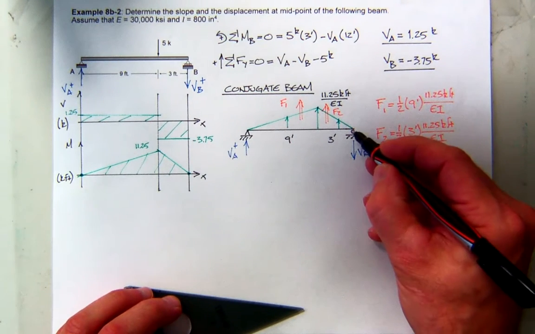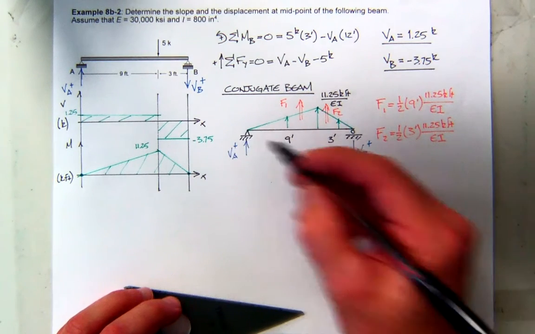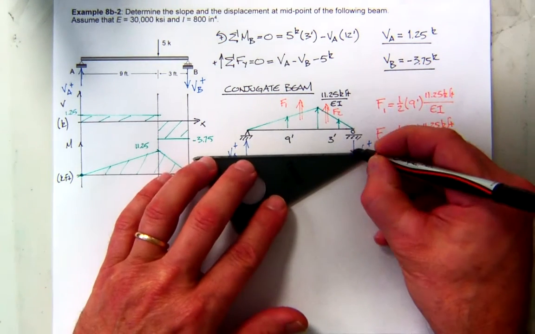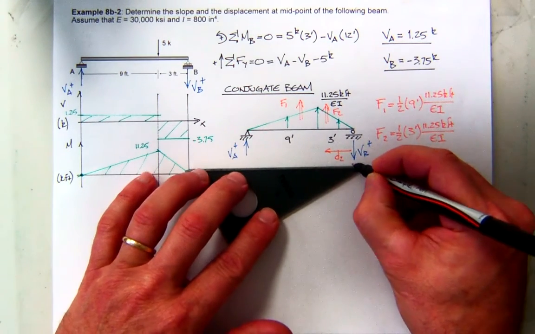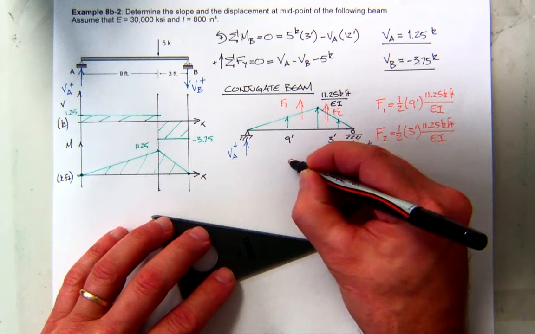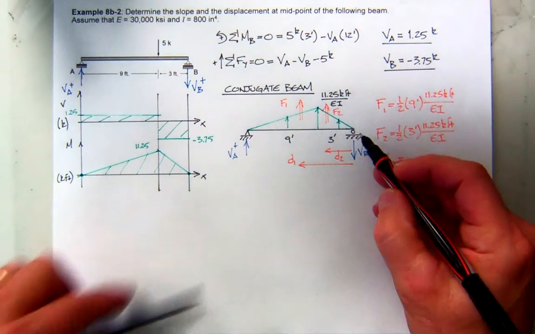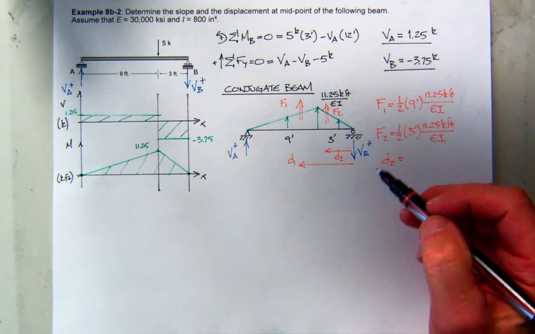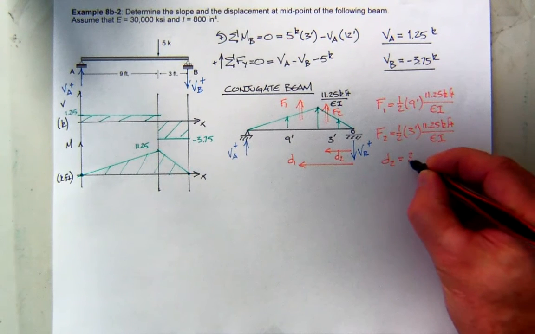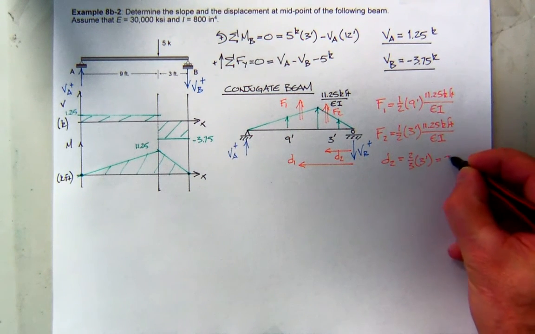I'm going to sum moments about B to find A. So I'm going to want first the distance, I'll call it D2, and then the distance, I'll call it D1. What is D2? The distance from B to the centroid of this triangle. It's 2/3 of 3, which will be 2 feet.